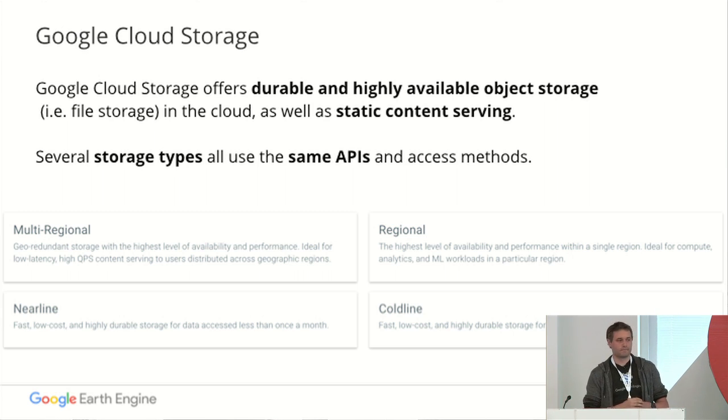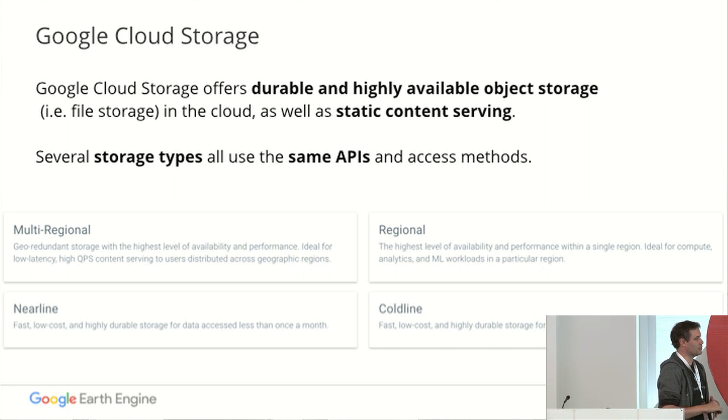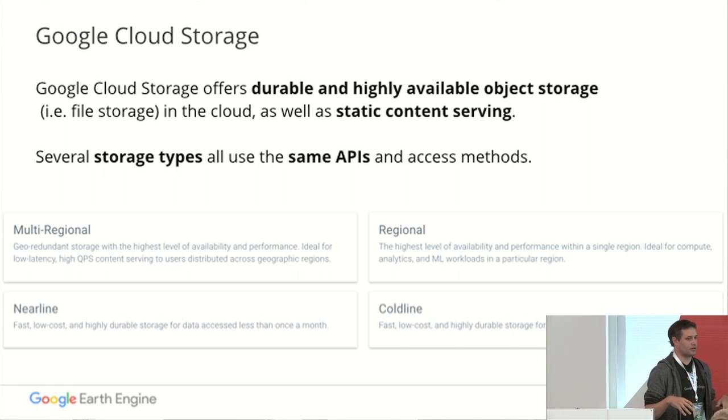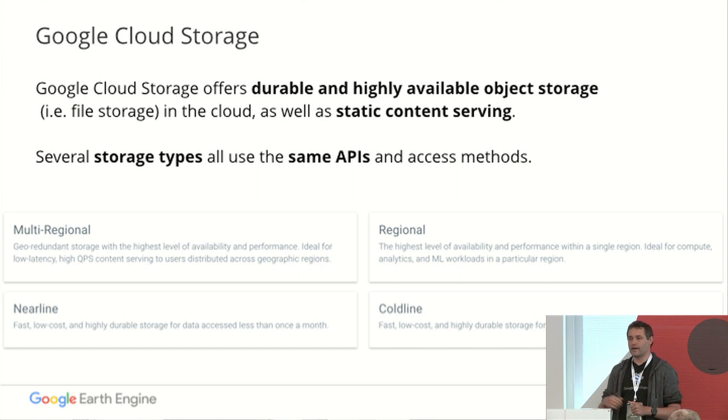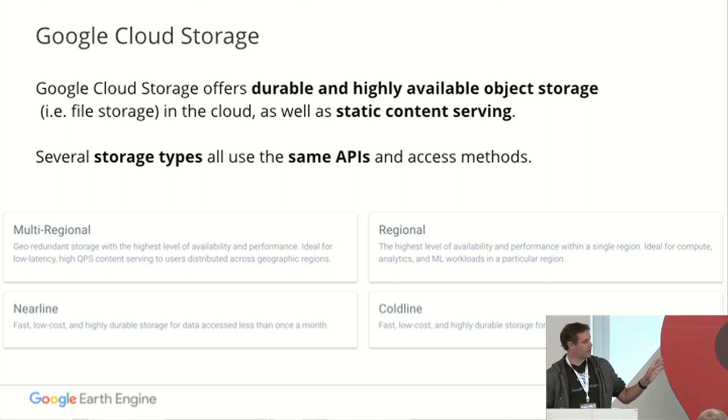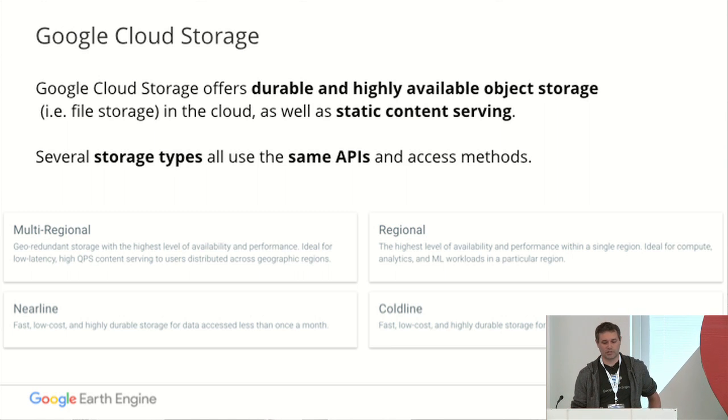All the way over to Coldline, where we take advantage of some unique characteristics of our data center storage architecture to provide extremely low-cost storage for data that you know you're not going to be accessing more than about once a year or so. This is a great place to put archival data, where you can have access to it faster than a more conventional tape-based solution, but at a similar price. And there's a range of options in between.